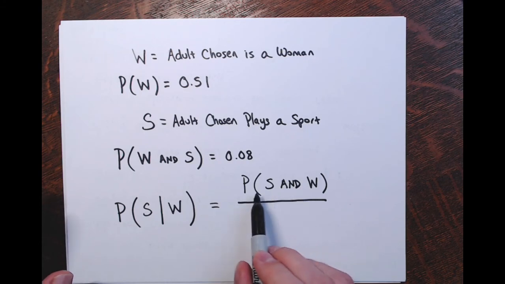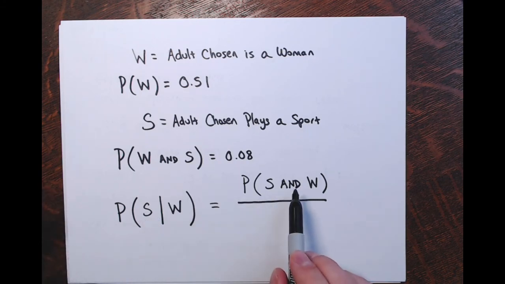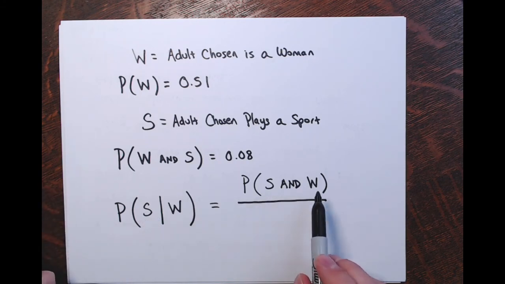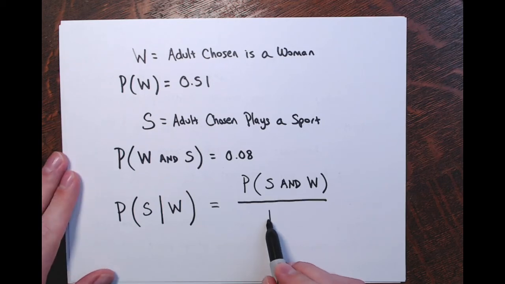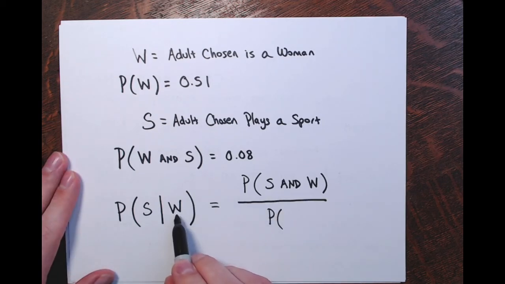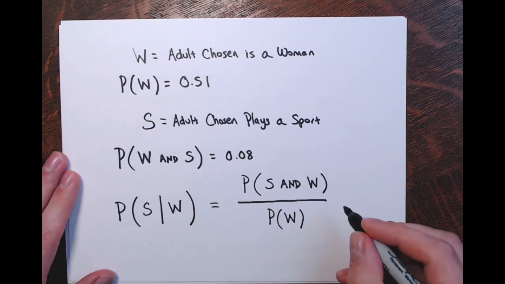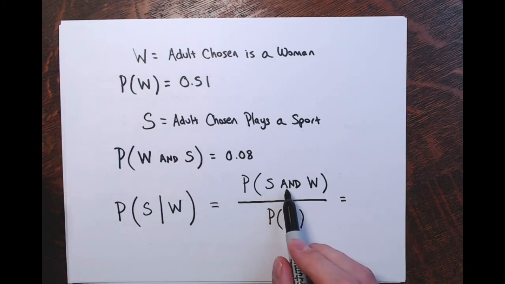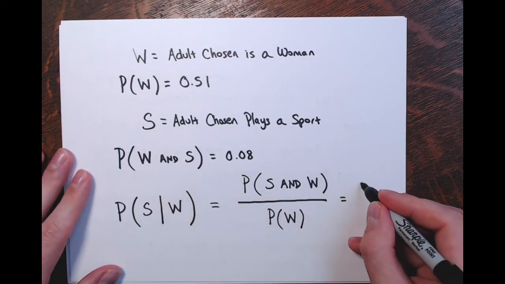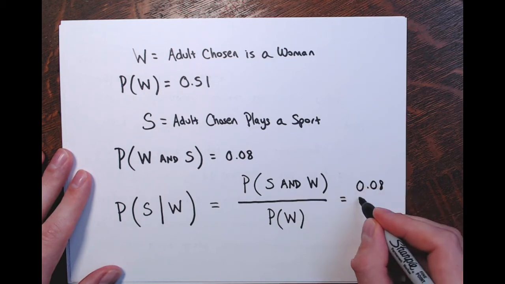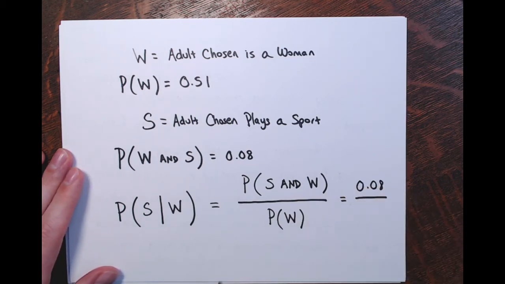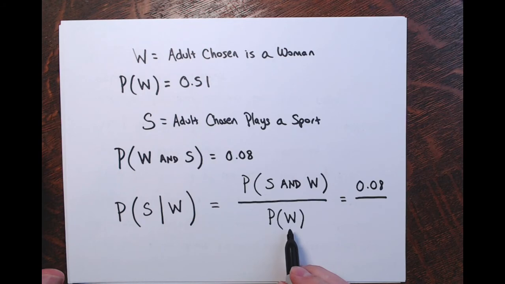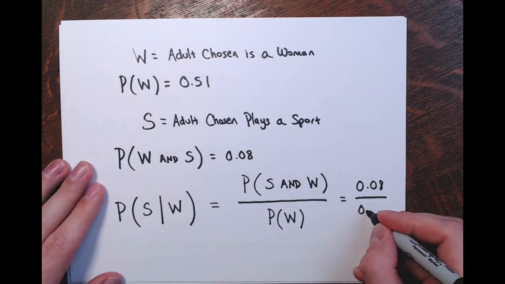The numerator is the probability that both events happen at the same time, probability of S and W, divided by the probability of the event to the right of the bar, the probability of W. And we have these. The probability that the adult is playing a sport and is a woman is 0.08, divided by the probability that a randomly selected adult is a woman, 0.51.